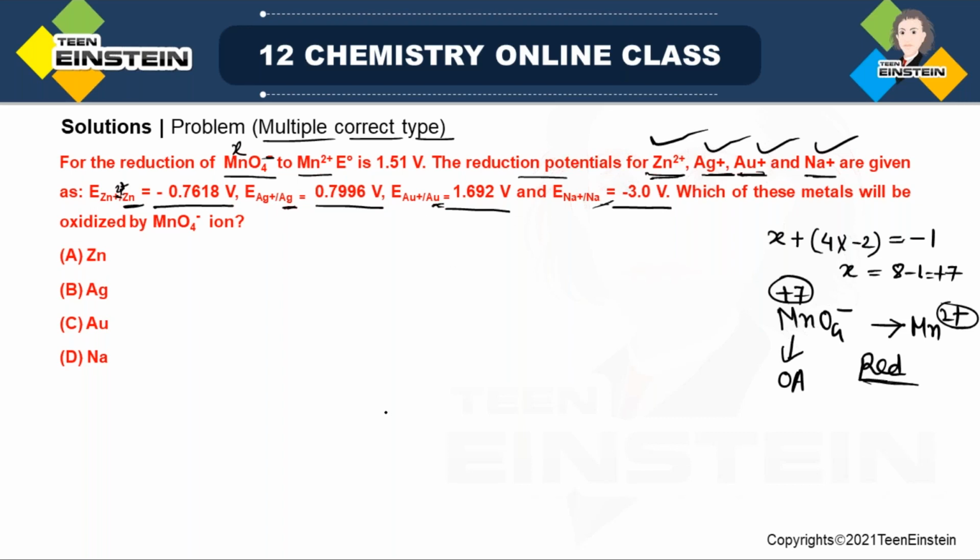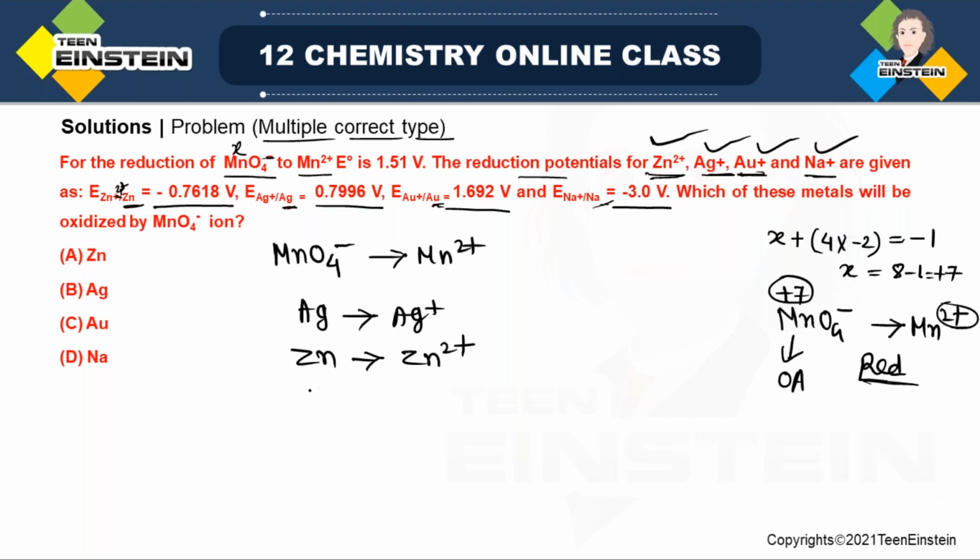But whether it is possible or not, we can predict from the values. So if we are considering MnO4 to Mn2 plus, then Ag to Ag plus, Zn to Zn 2 plus, gold to gold plus, and sodium to sodium plus.